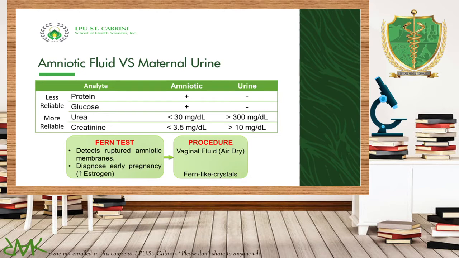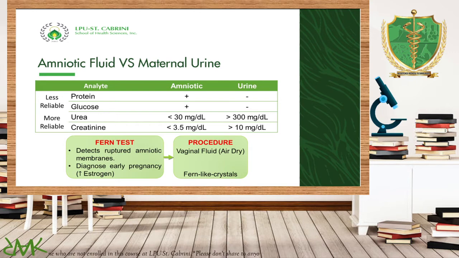There is also another test that could help us to differentiate maternal urine from fetal or amniotic fluid, okay? Which is the Fern test. Fern test is used to evaluate the rupture of the amniotic membrane. Now take note guys that in Fern test, the vaginal fluid is spread on a glass slide and allowed to be completely dried with air.